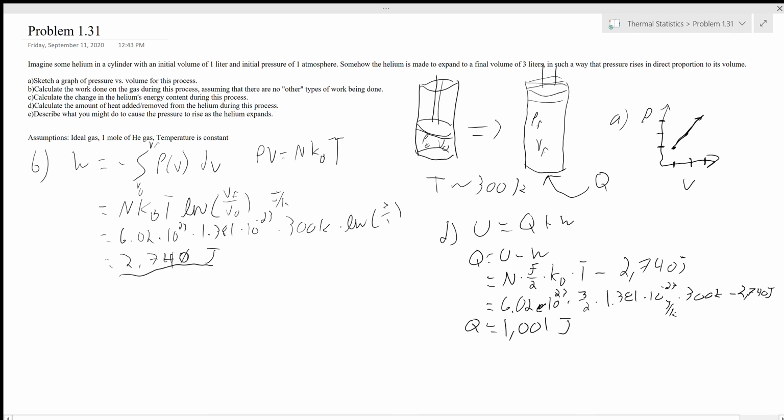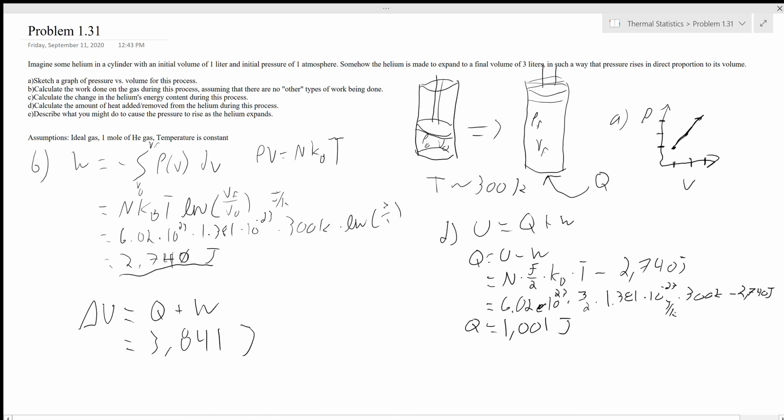So now I can do the change of U, so I can say change of U is equal to Q plus W and get 3,841 joules.